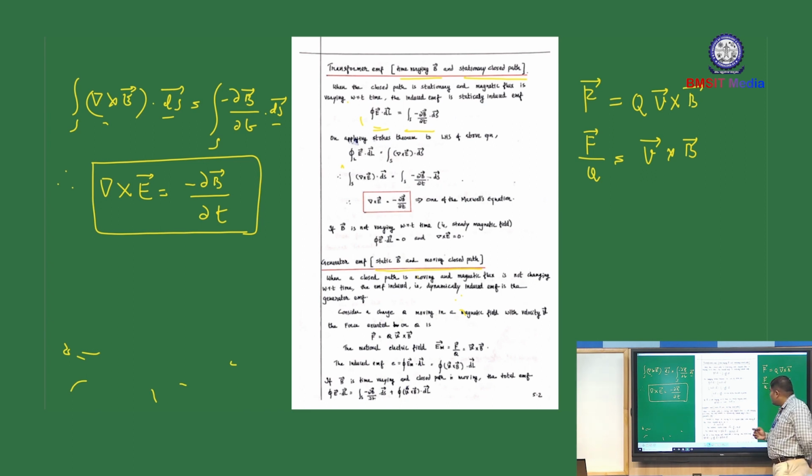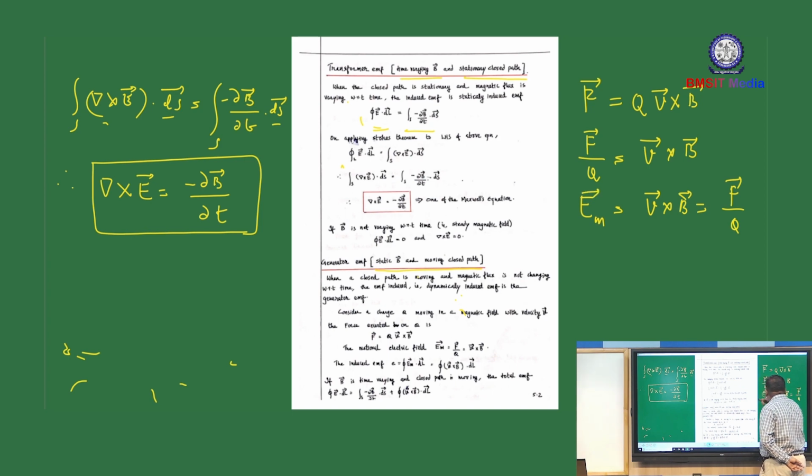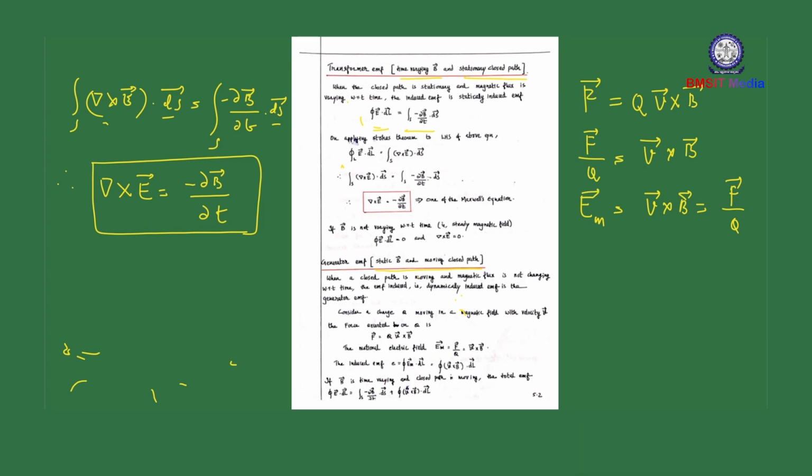That can be represented by Em. Em equals V cross B, which is also the force per charge.